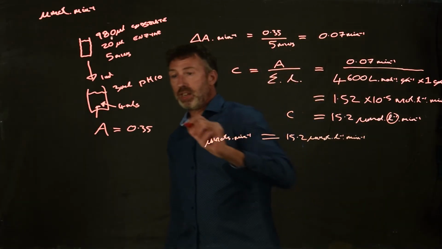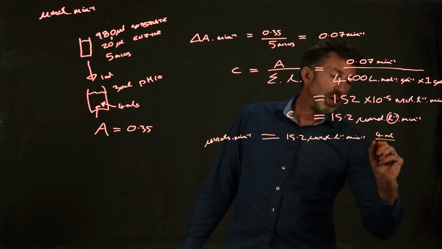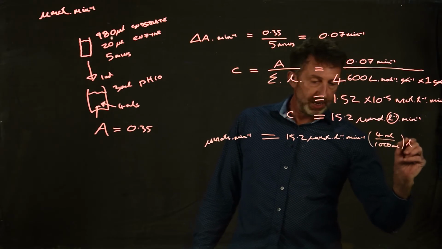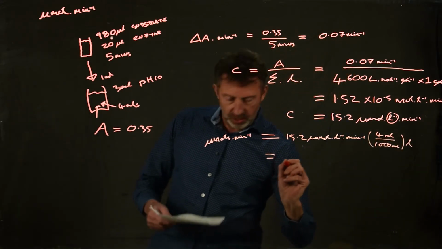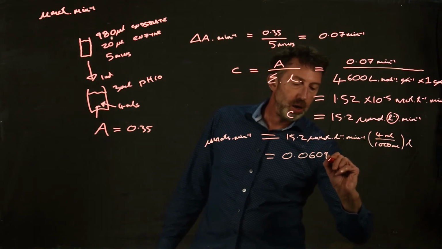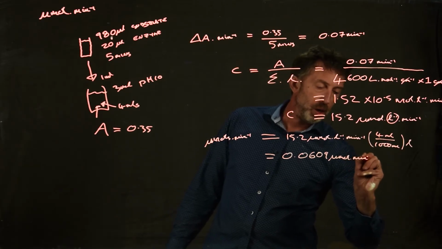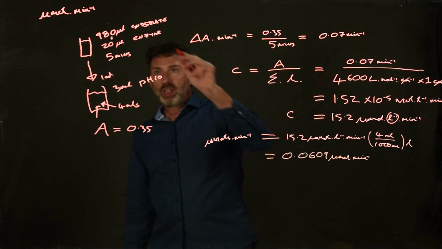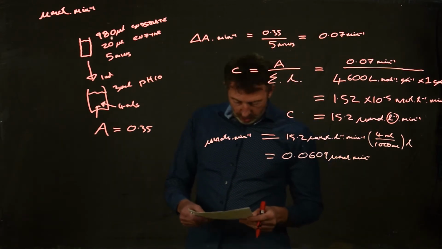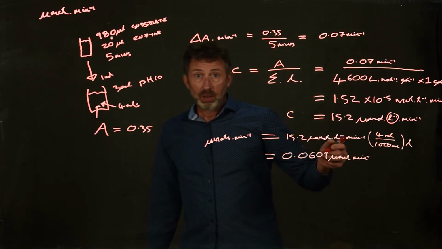Now the number of litres here is 4 mils divided by 1,000 mils, which gives 0.0609 micromoles per minute. So this amount of enzyme has produced 0.0609 micromoles per minute, or 0.0609 enzyme units.